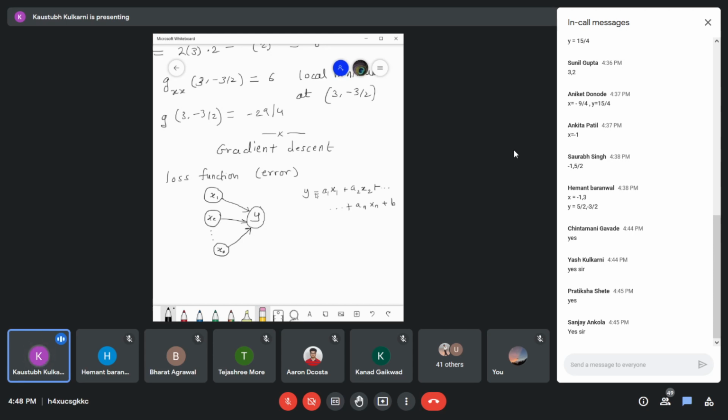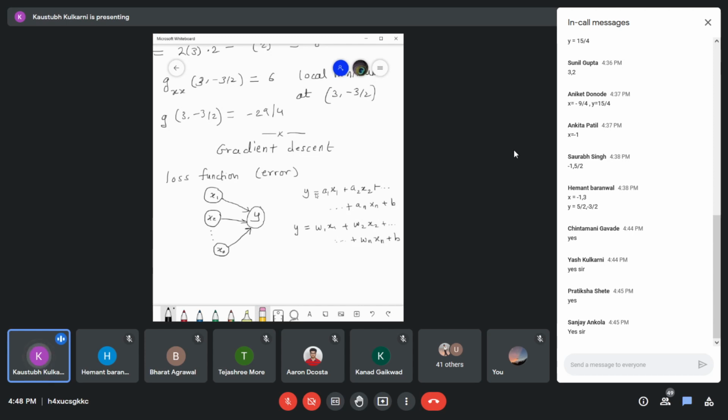Specifically, I'm using w here: y is equal to w1 x1 plus w2 x2 plus wn xn plus b.